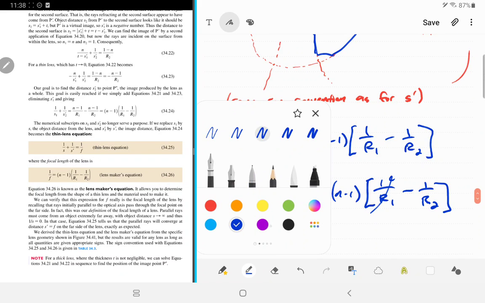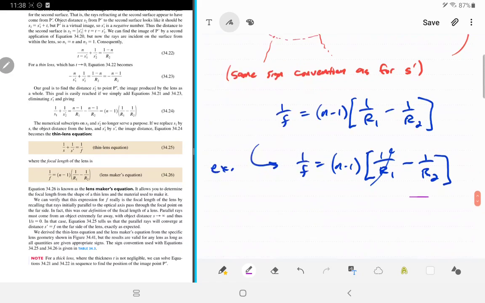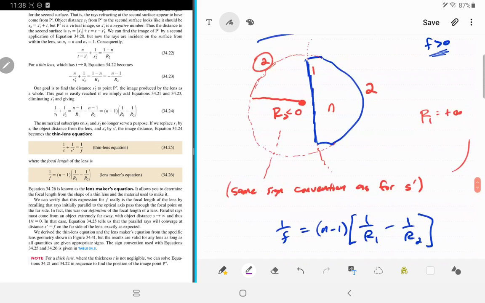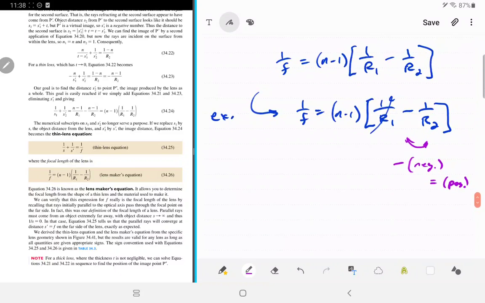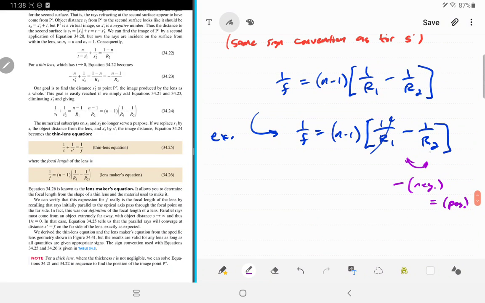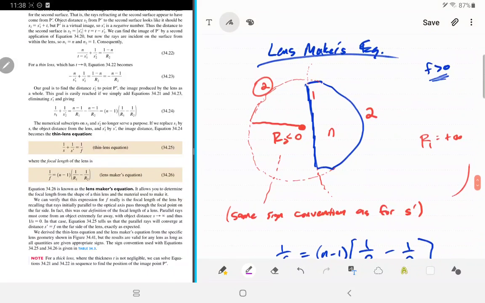So in our example, this is minus a negative number, so this is going to be positive. I would plug in the numbers if we were given the radius of curvature of side 2, making sure to plug in a negative number for R2, and with this extra minus sign it becomes positive. So n minus 1 is positive, and when we solve for f, we get a positive number. And indeed, this gives us a positive f because it's a converging lens.